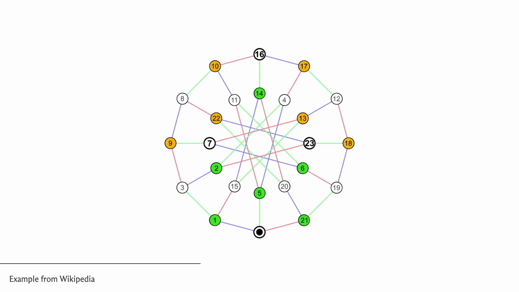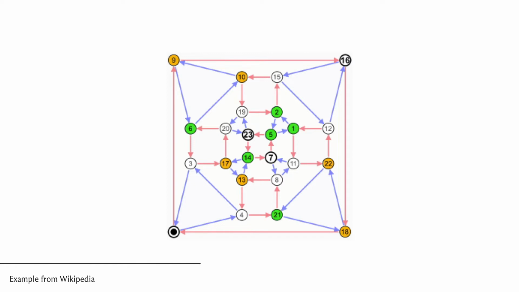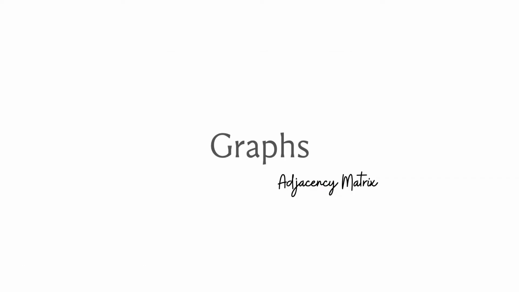So let's just take a look at a couple of examples of graphs so that we can get back to how we store them when we write our code. So here's a couple of examples straight from the Wikipedia page on graphs. And now let's take a look at a first way that we can store a graph in memory. So how do we represent a graph when we are writing code?